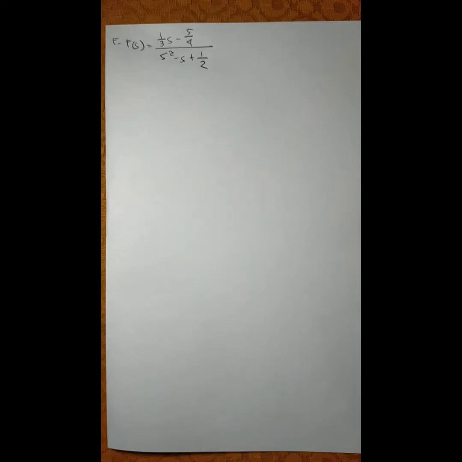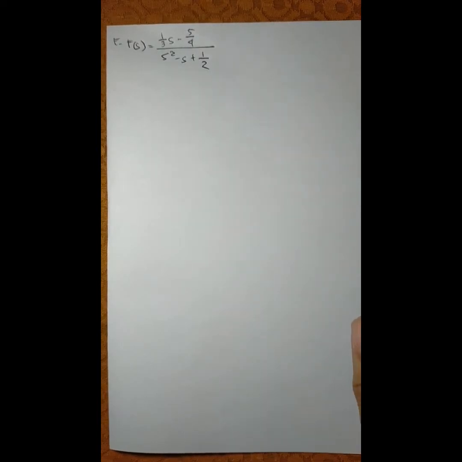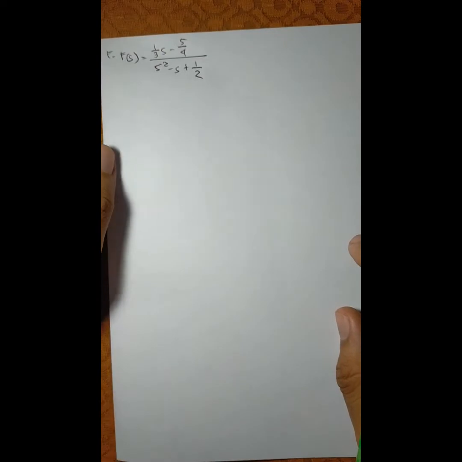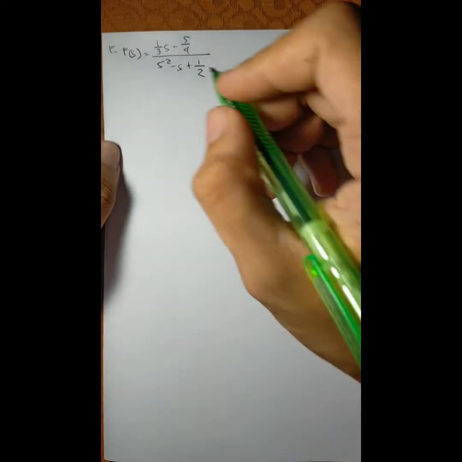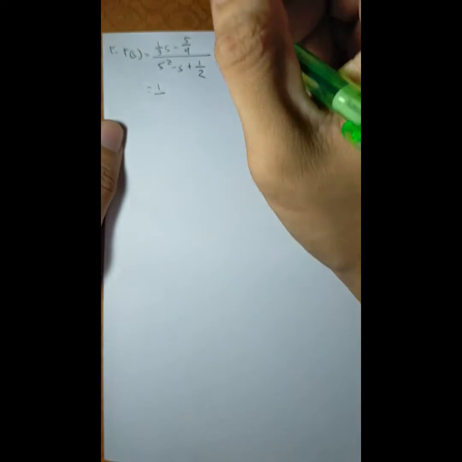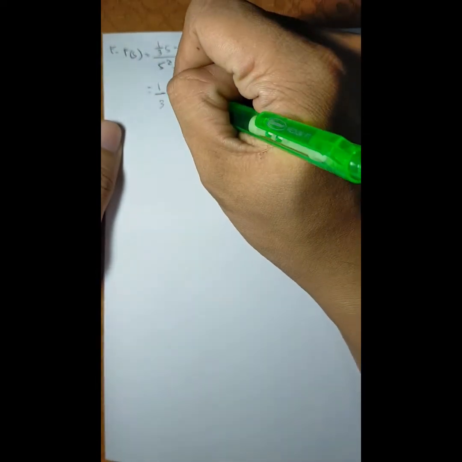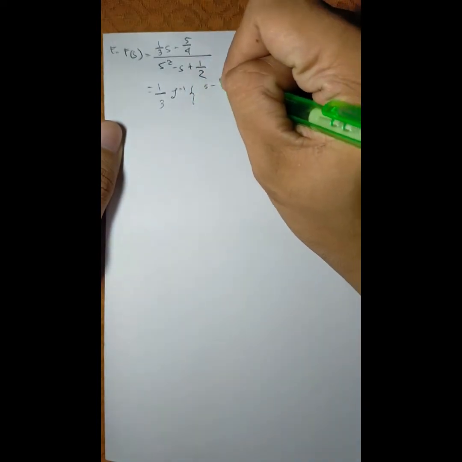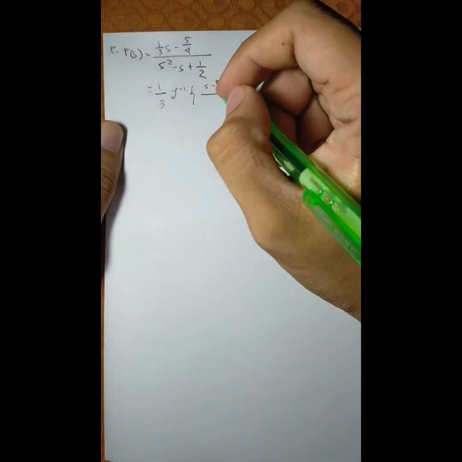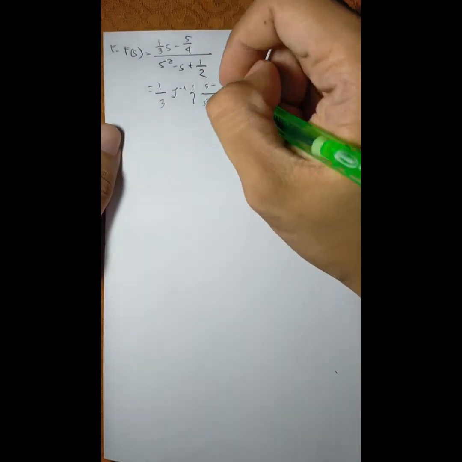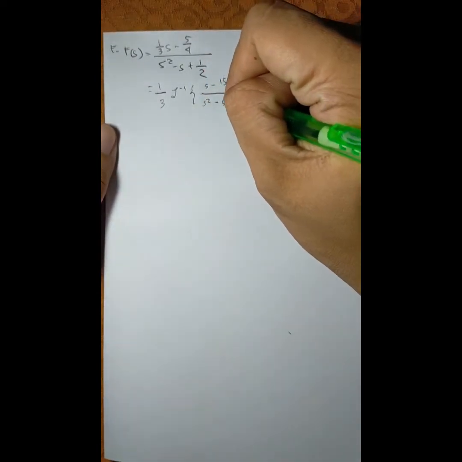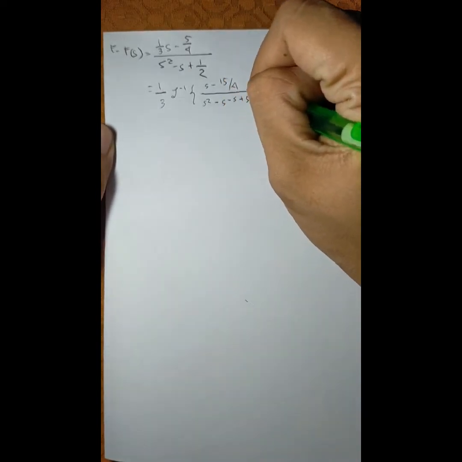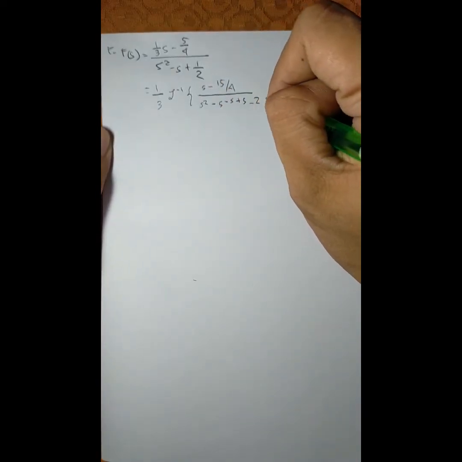Letter E, we have F of s is equal to (1/3 s minus 5/4) all over s squared minus s plus 1 half. So to find the inverse Laplace transformation, this can be equal to, we will take out 1/3 inverse Laplace of (s minus 15 over 4) all over s squared minus s minus 2 plus 3 halves.